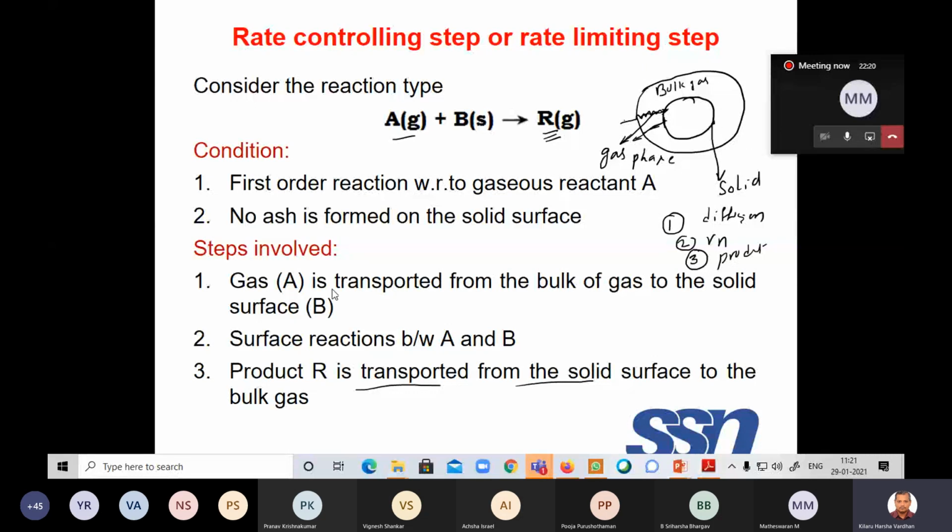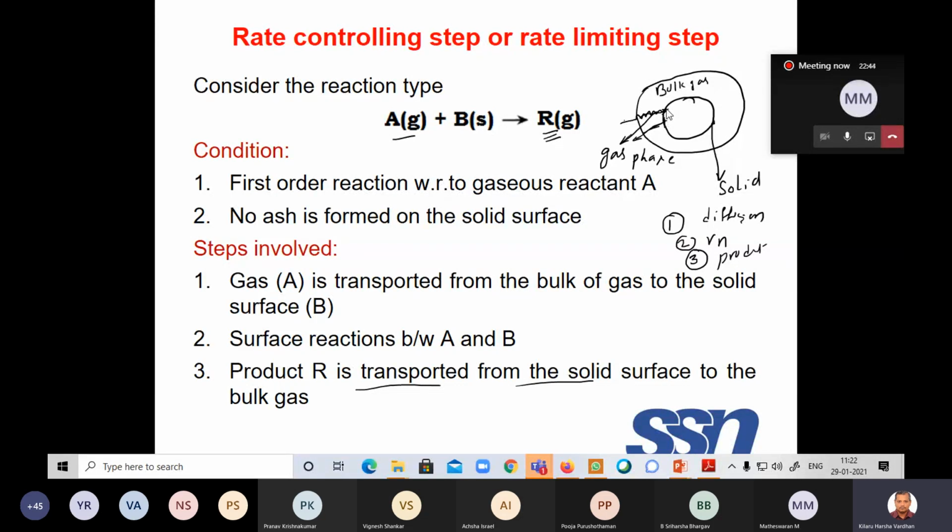This is step number 1. The solid surface is B. The second step, once it reaches the surface, is the reaction: a surface reaction between A and B. A is the gas, B is the solid. The reaction is happening on the solid surface.